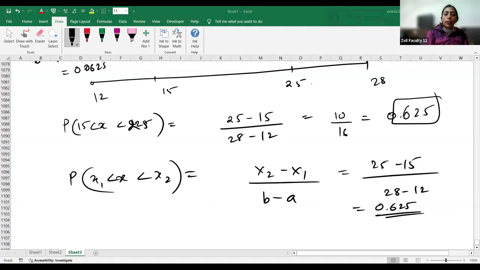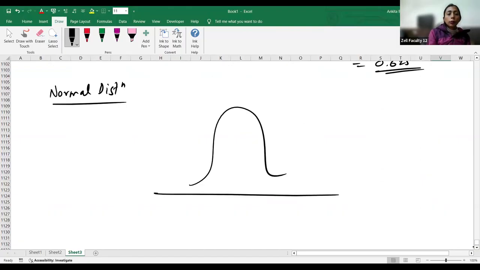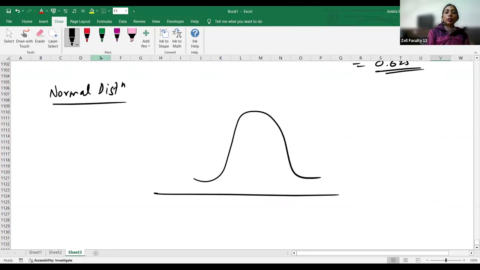Okay. Now let me tell you this part. In a normal distribution, this is how your normal distribution looks.